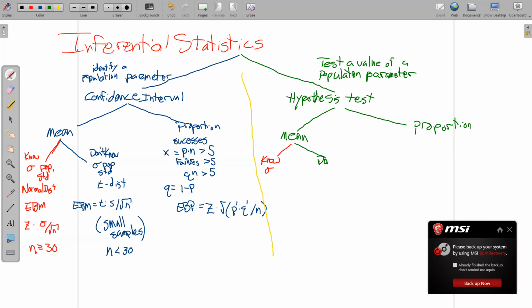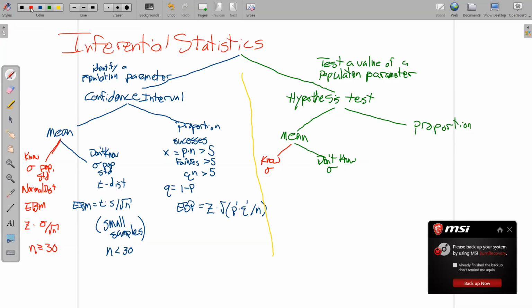So again, we know sigma. And remember, sigma is the population standard deviation, not the sample standard deviation, not the sampling distribution standard deviation. Those are 3 different things that are related.